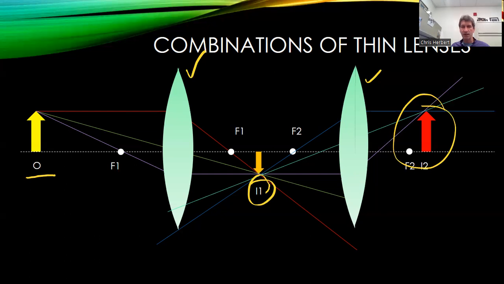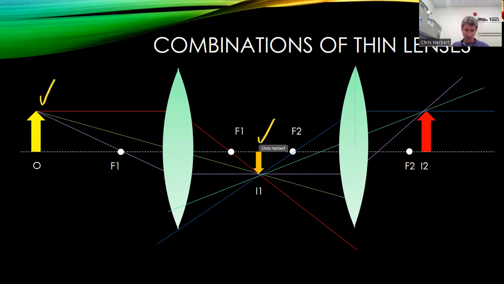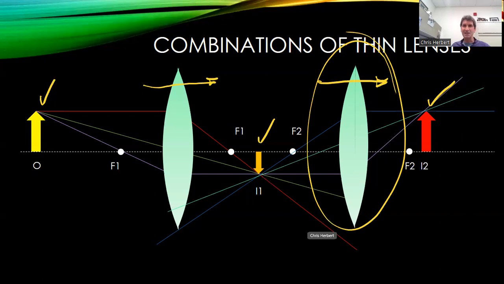A little bit sketchy on the rays, I know, but that shows us how an object forms an image, and that subsequent image can be used to form another image. In fact, you can do this with as many lenses as you want. Keep forming successive images. Again, you have to be careful that you go through this lens first to form an image, and then this lens. You can't form an object from the second lens and then use the first lens to form another image.